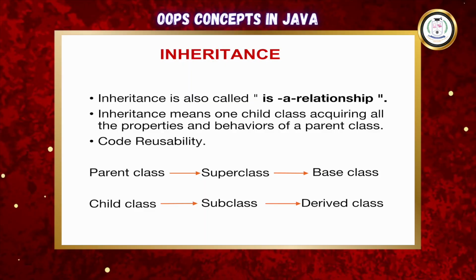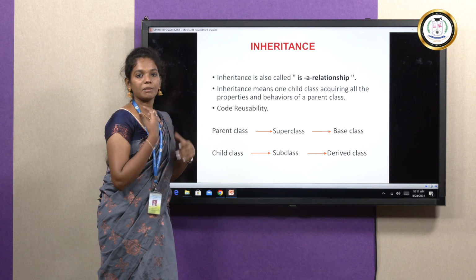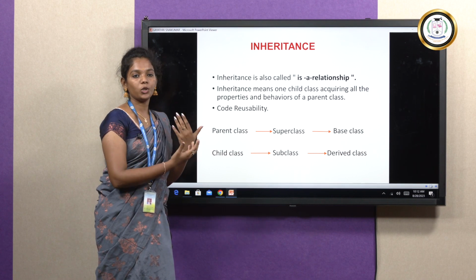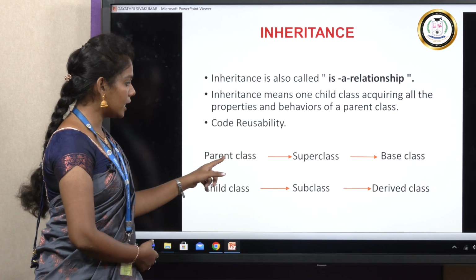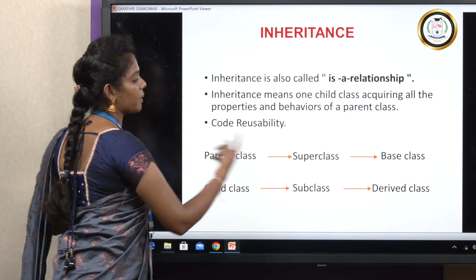We will see the definition now. Inheritance is also called an is-a relationship. What does it mean? A child class will completely acquire all the properties and behaviors of a parent class. The behaviors that are inherited come from the parent class. As we said, the parent class is also called the super class, and the super class is also called my base class.